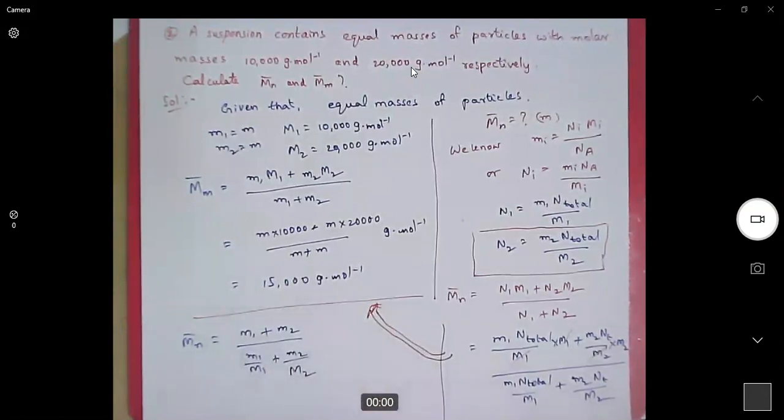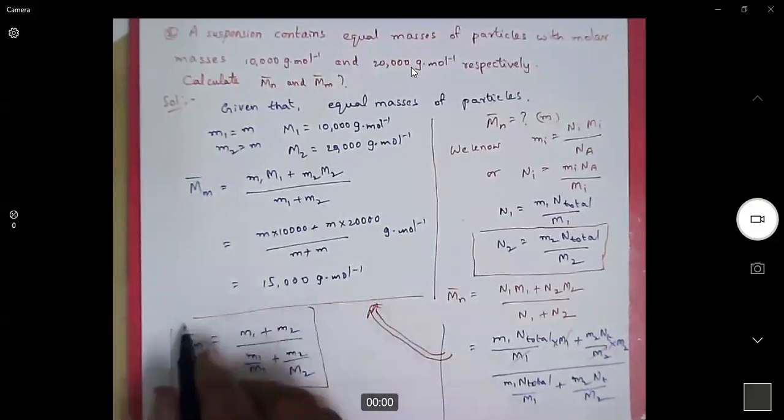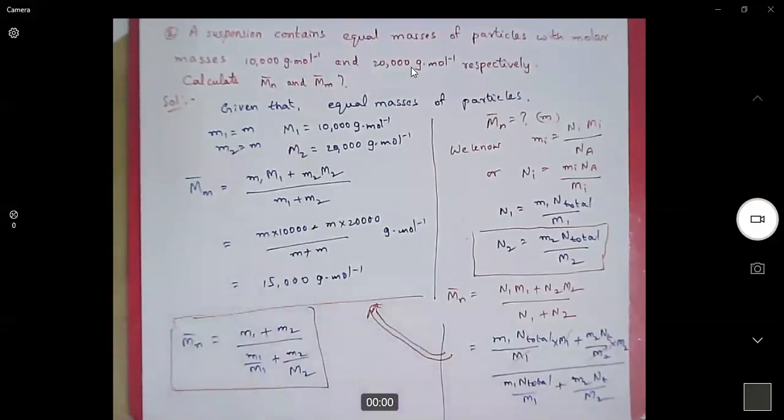So this is the formula for number average molar mass in terms of masses. We will substitute the values of m1, m2, capital M1 and capital M2 and find Mn bar. You please try.